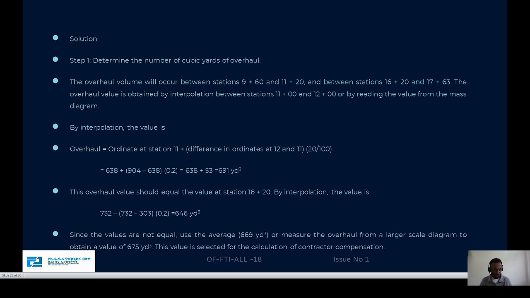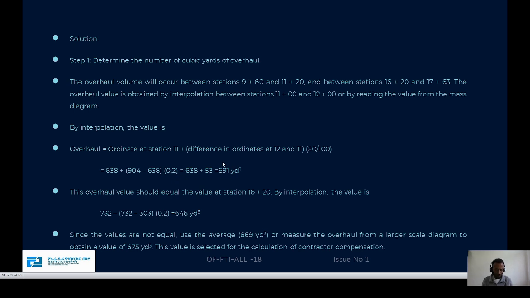So for the overhaul distance, the ordinate at station 11 has a volume of 638, plus the difference between the ordinates at 12 and 11 times 20 over 100. So it will be 904 minus 638 at 11, times 0.2.